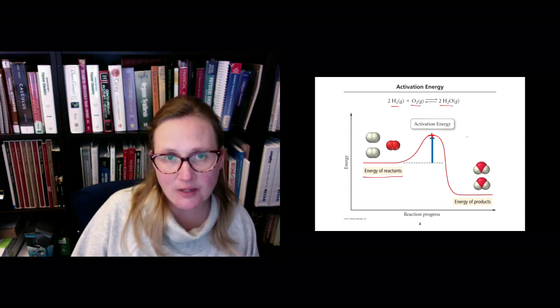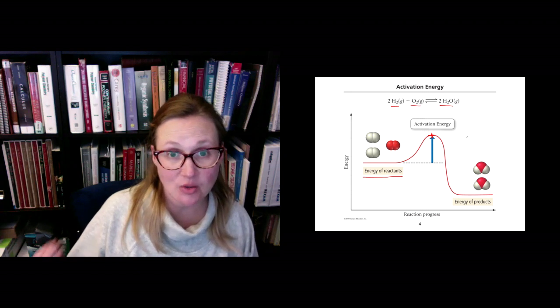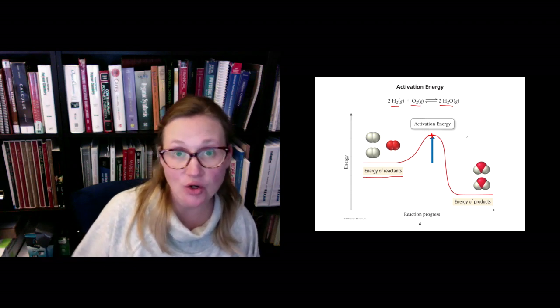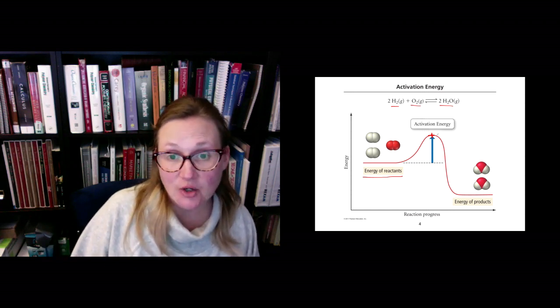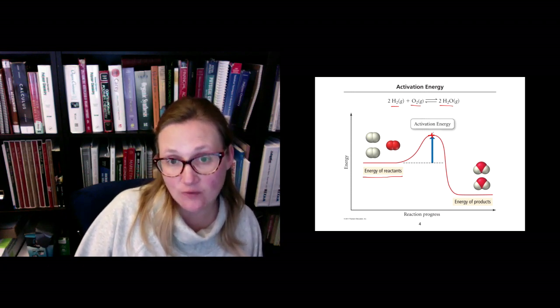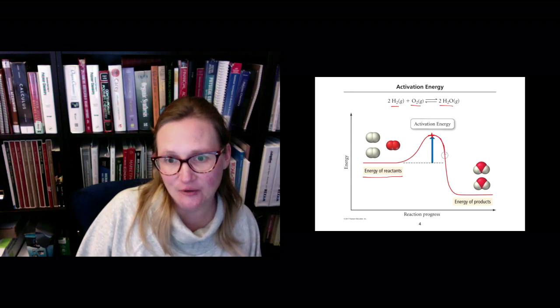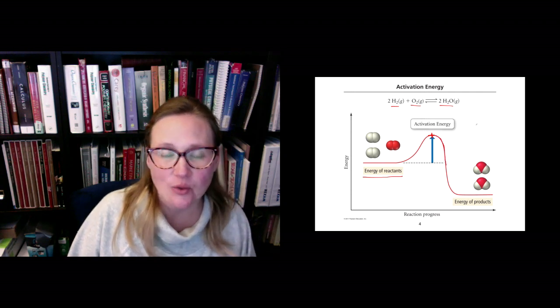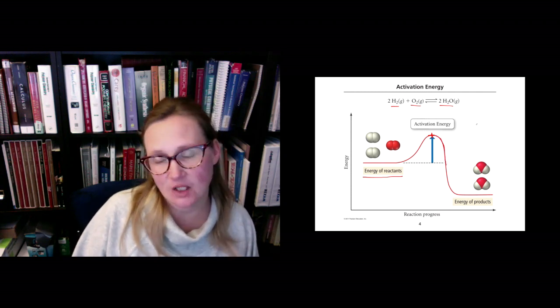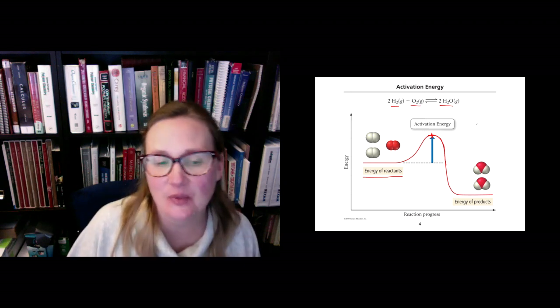You can think of the activation energy as an energy barrier. How much energy do I need to get to in order to proceed to product? Once you have gone over that barrier, it's only downhill from there. Once you've gotten to the activation energy, you will proceed to product. So that's what that means.